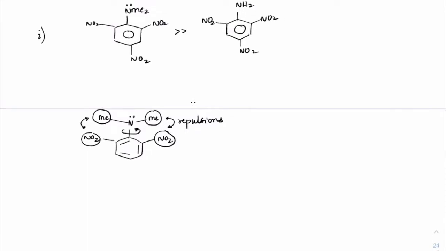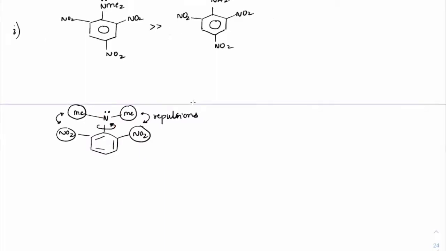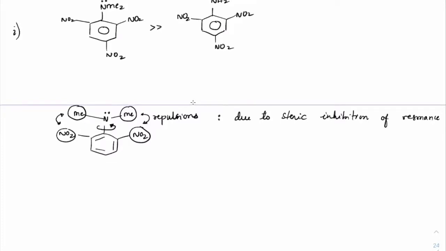Now you see these two are not on the same plane. One methyl will come above the plane, one methyl will go inside the plane. So due to steric repulsions, let me write that here. Due to steric inhibition of resonance, which is what we call the SIR effect, the lone pair is not available for resonance.